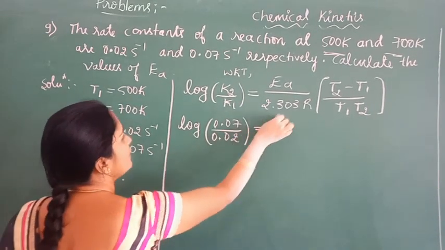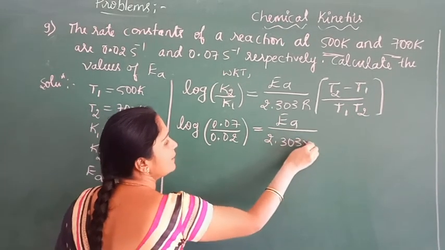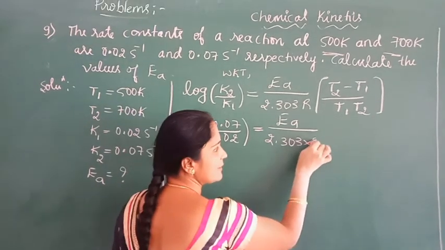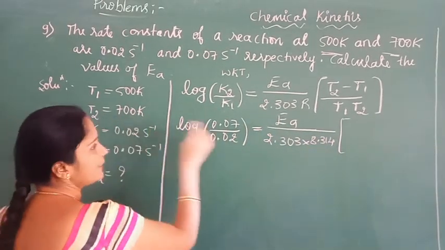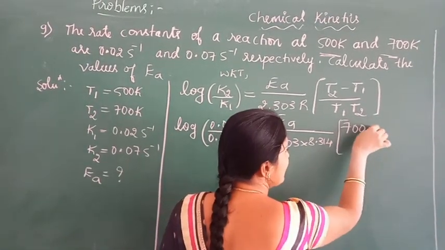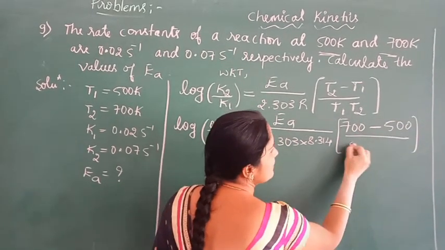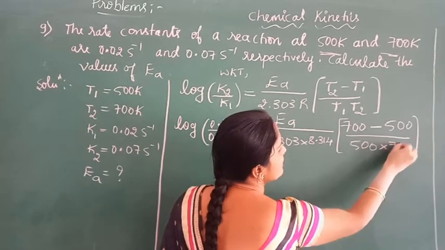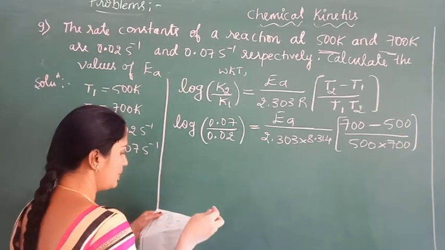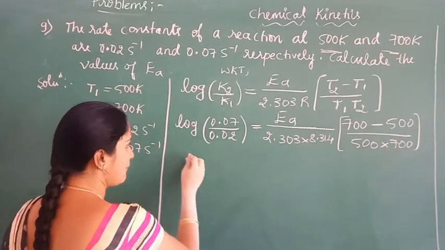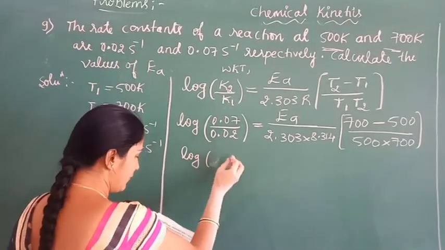0.02, that is equal to Ea divided by 2.303 into R, where R is the universal gas constant, 8.314. The temperature T2 is 700 Kelvin, so 700 minus T1, 500 Kelvin, divided by T1, 500, into T2, 700. So log of 0.07 divided by 0.02: 0.07 divided by 0.02 is 3.5.